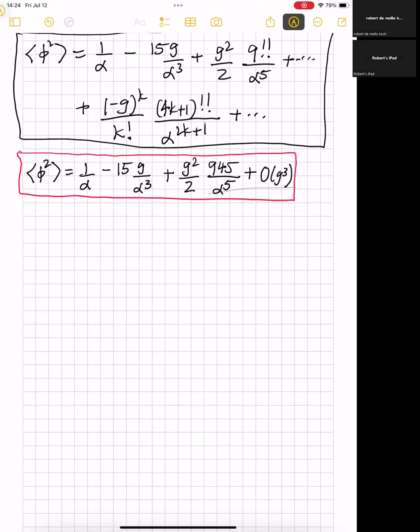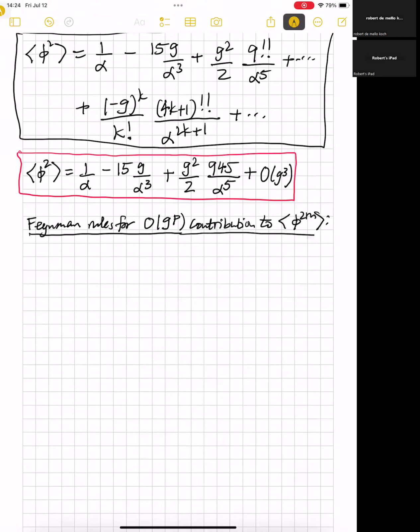So let me tell you what the Feynman rules are. Let's say we're going to write down the Feynman rules for the order g to the power of p contribution to the correlator phi to the 2m. Just to give you some idea, if we're studying phi squared, then we've got m equal to 1.